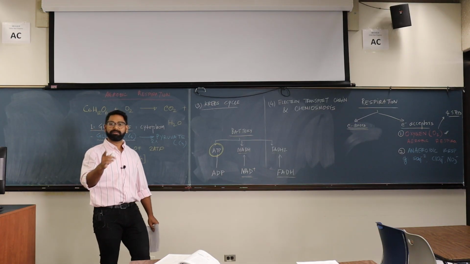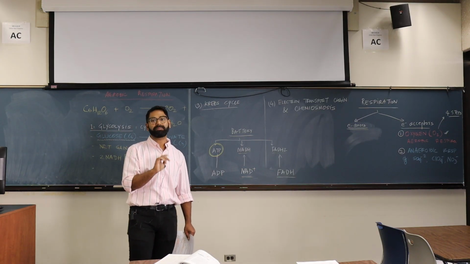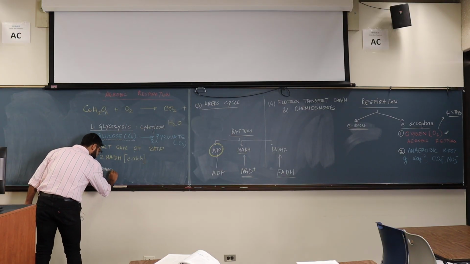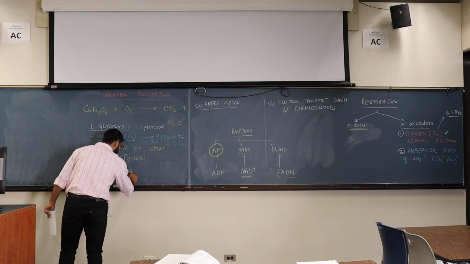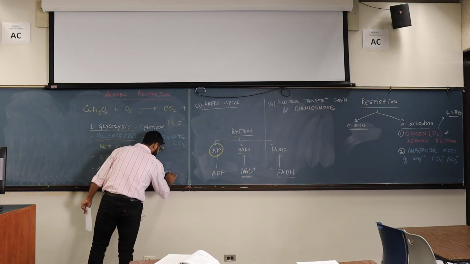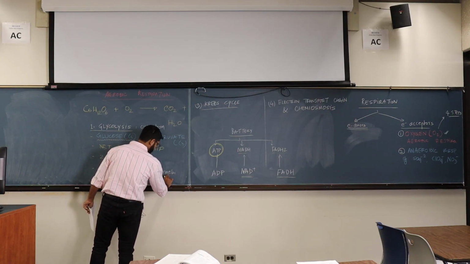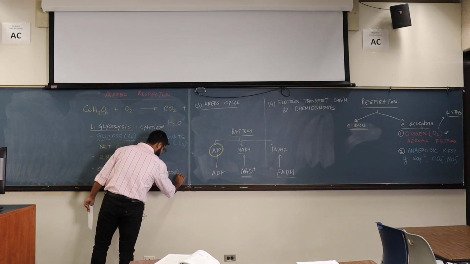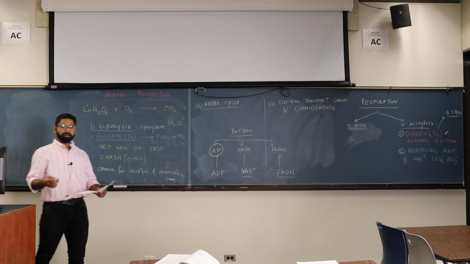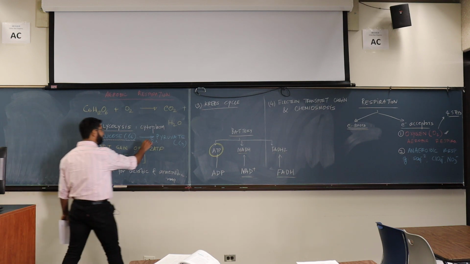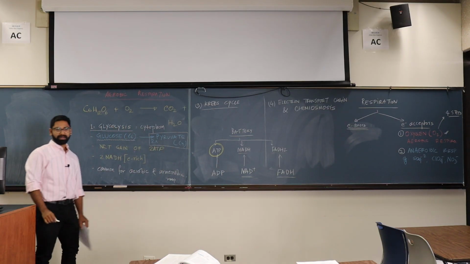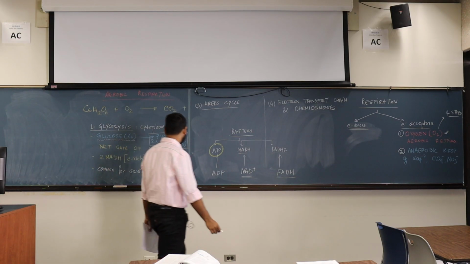Okay, we'll see that. Also, glycolysis is the process that is common in both aerobic and anaerobic respiration. So whatever you do, you are actually producing two pyruvates. So this is the product of glycolysis. Okay, this is the first.